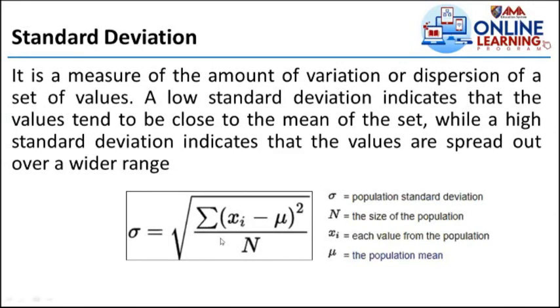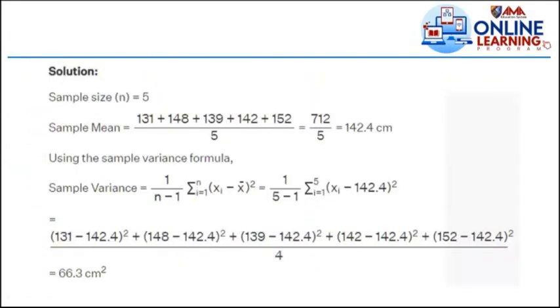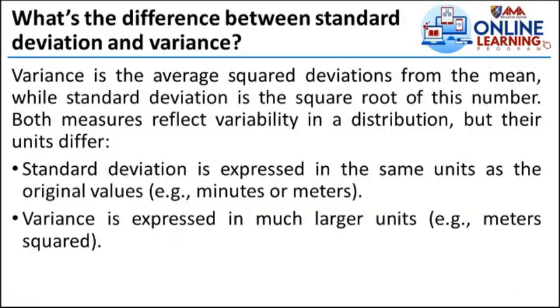Okay, that is our standard deviation, yung square root niya, no? Pero dito, sabi dito, the variance is the average squared deviations from the mean, while standard deviation is the square root of this number. Kaya may square root sign po na tayo doon. Both measures reflect variability in a distribution, but their units differ.